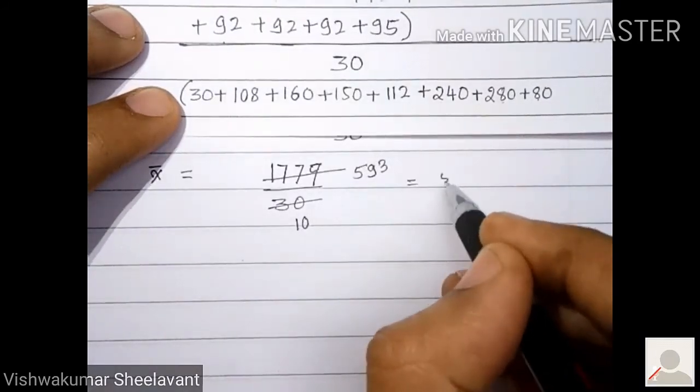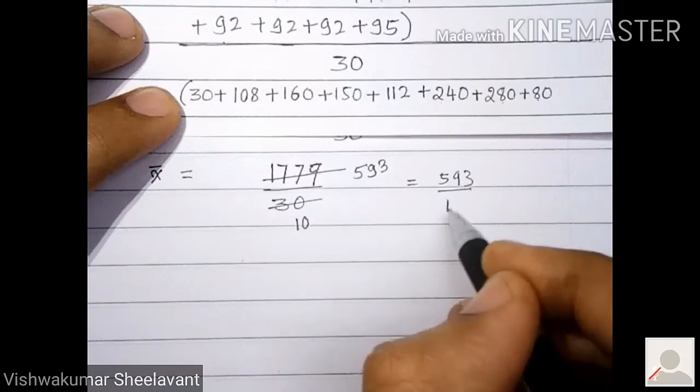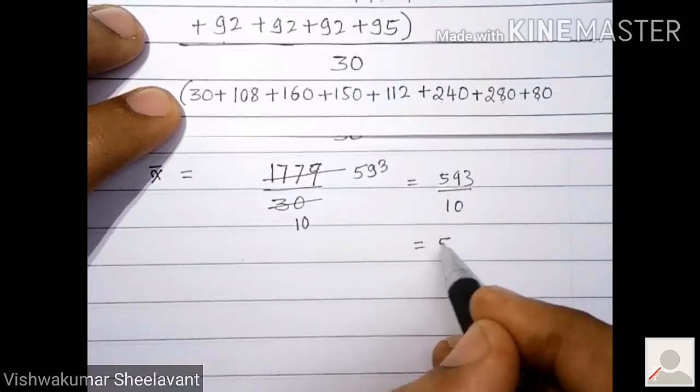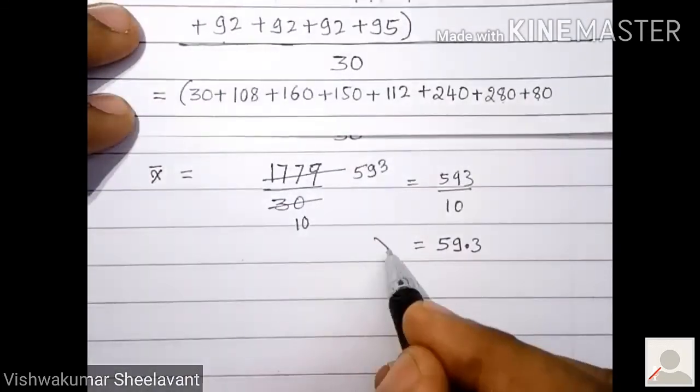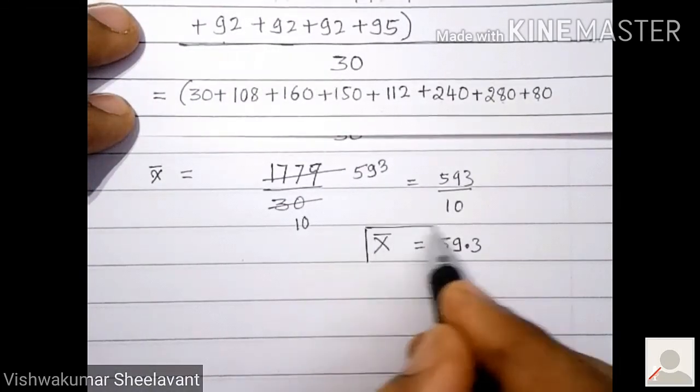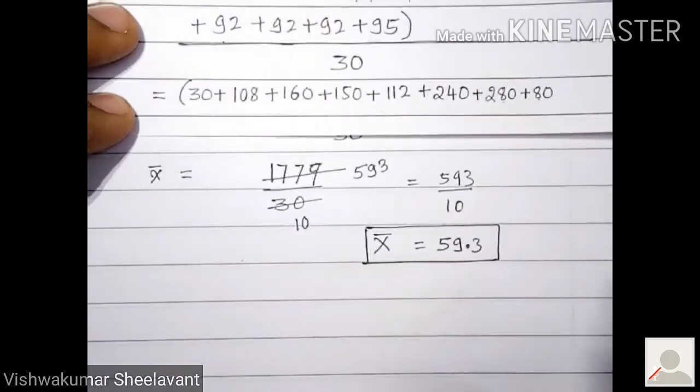So 593 by 10. This is going to be 59.3. So mean that we have calculated here is 59.3.